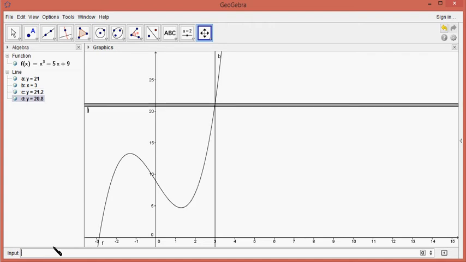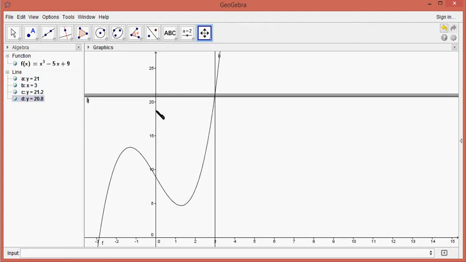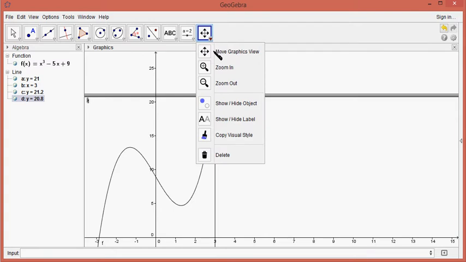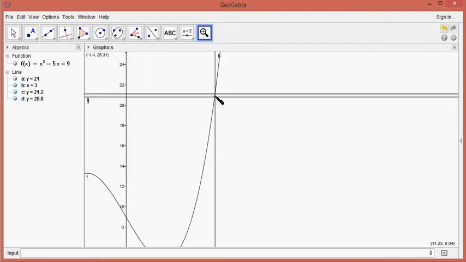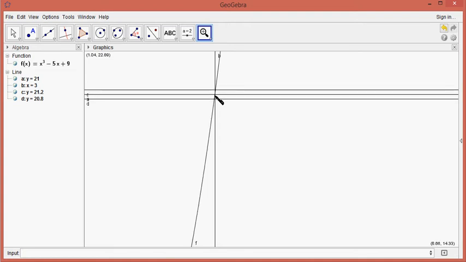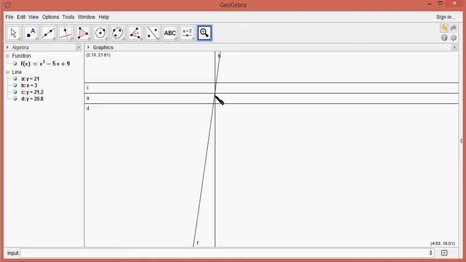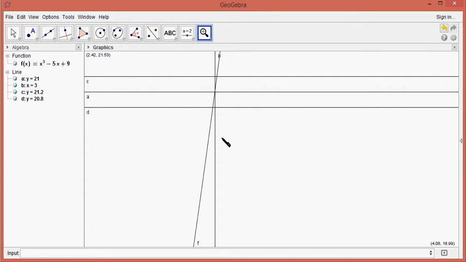Alright, it's kind of hard to see, so I'm going to stretch this out. Maybe I'll zoom in around here more. Then we know that we have to make the delta small enough.